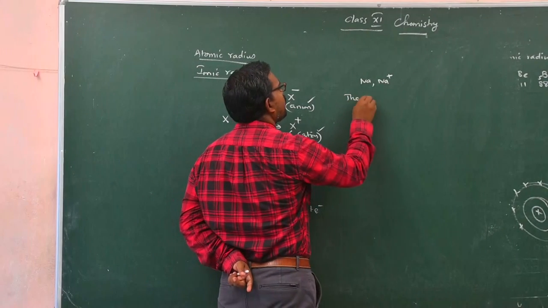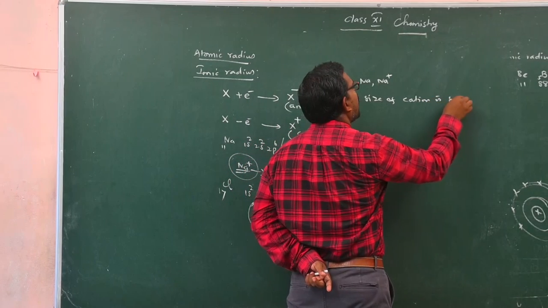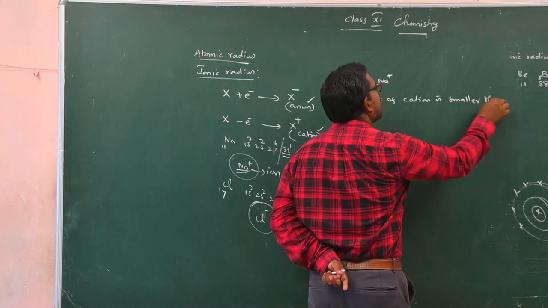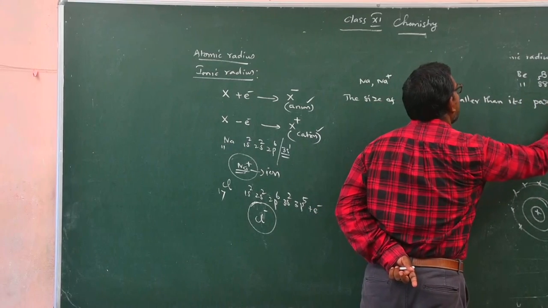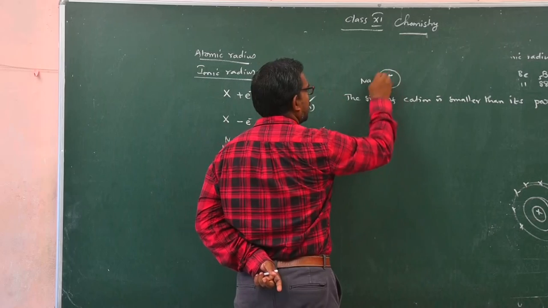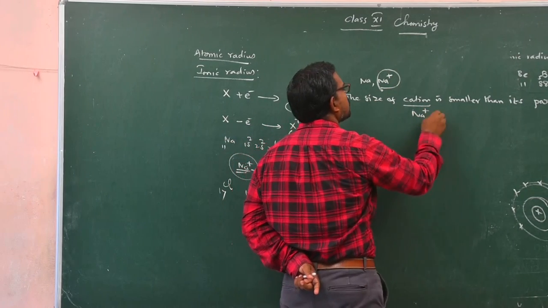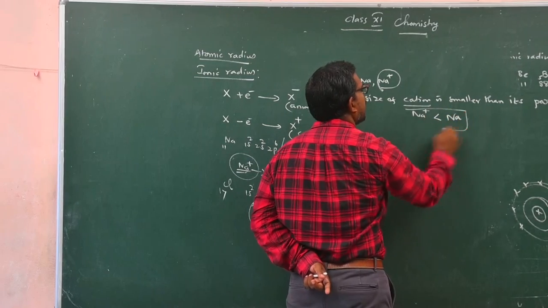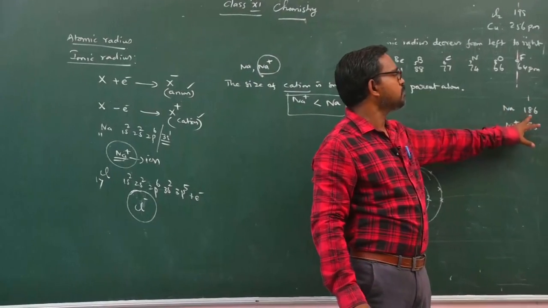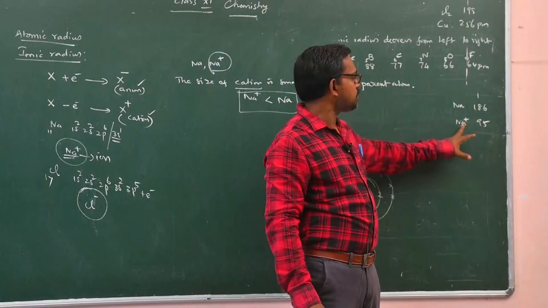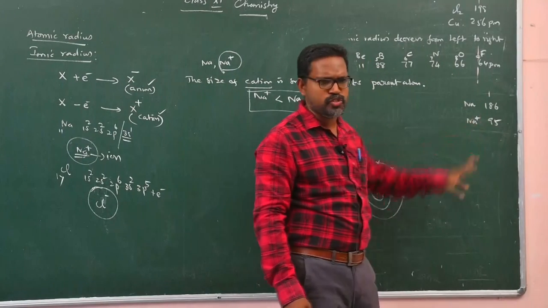The size of the cation, that is Na plus ion, is smaller than Na. Look at the size of sodium: sodium 186 picometer, Na plus 95 picometer. So, I am comparing the size.